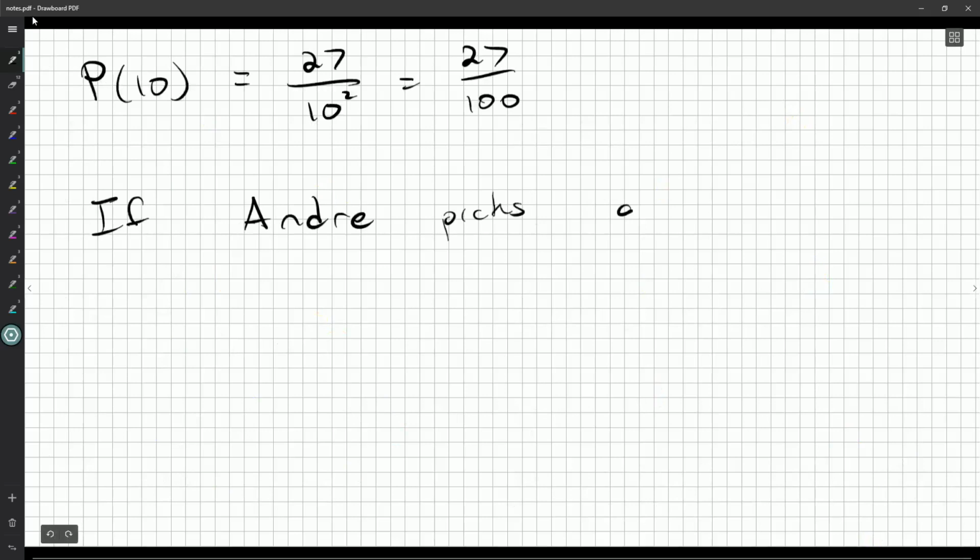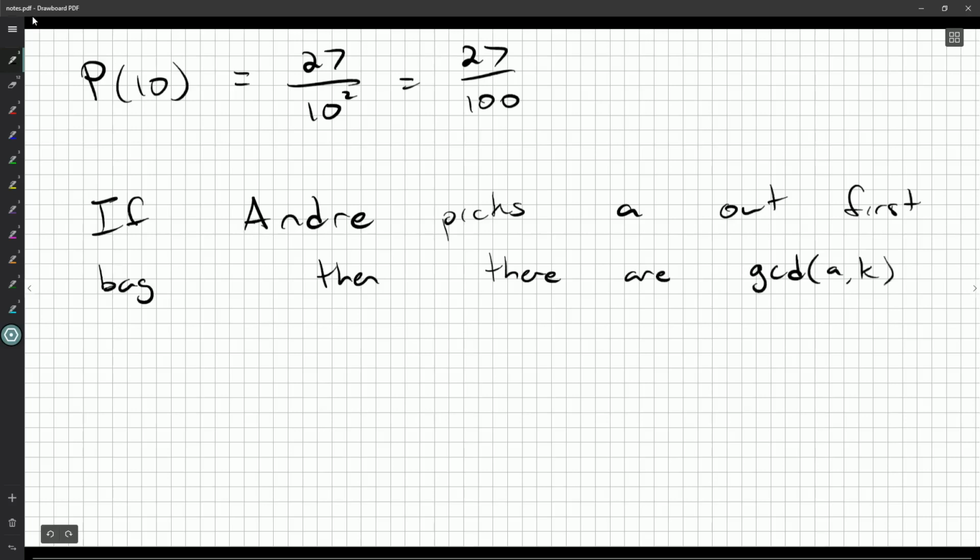If Andre picks A out of the first bag, then it looks like there are GCD of A and K possible balls to pick from the second bag.